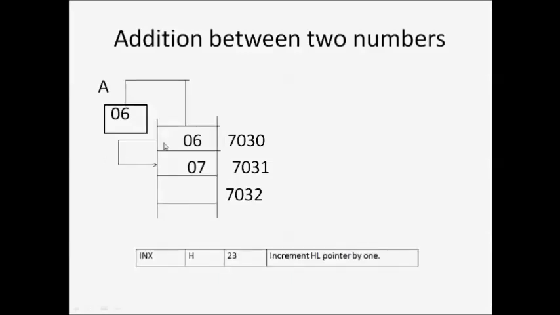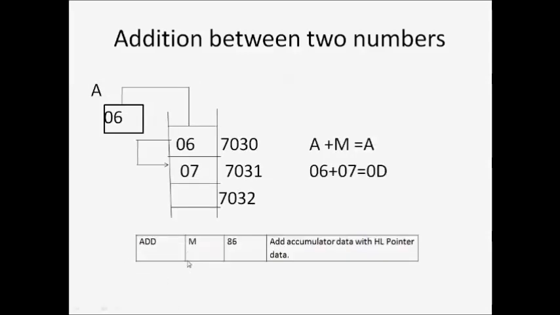In the previous step, the microprocessor pointed to the 7030 address. Then the microprocessor incremented by 1 to 7031, pointing there with the help of INX H. Right now we have two data for addition, 06 and 07.